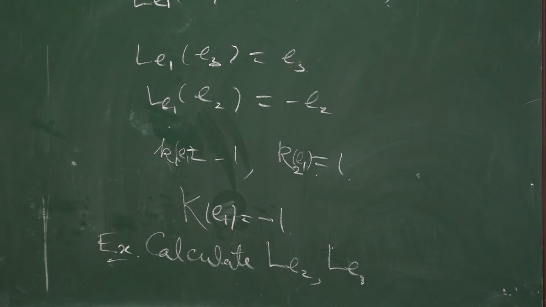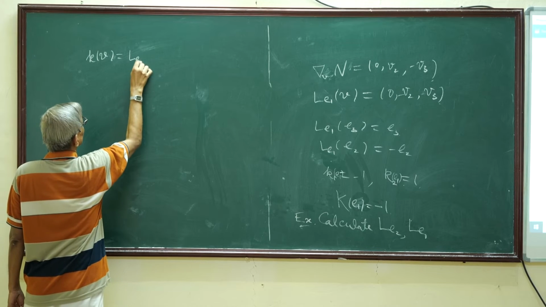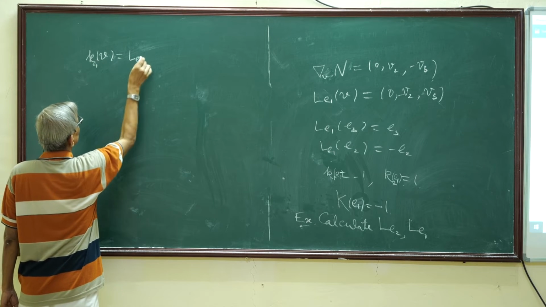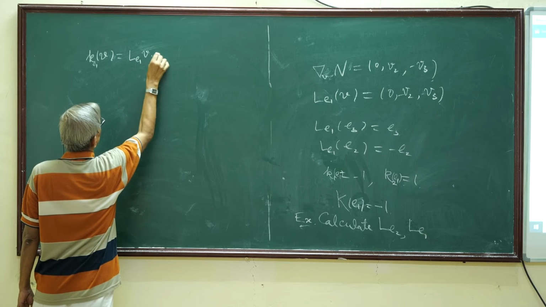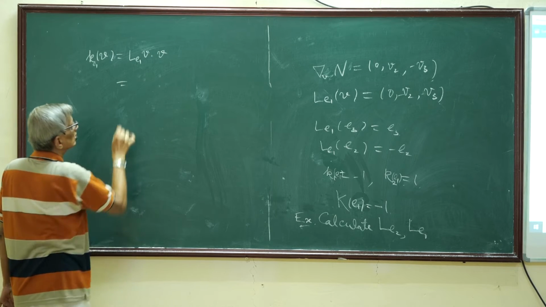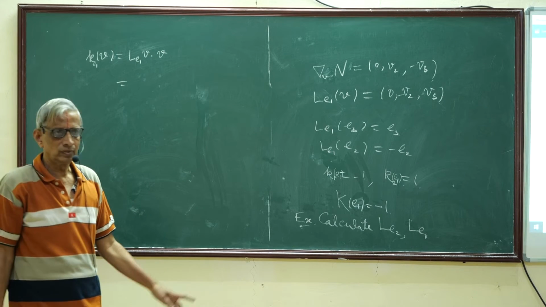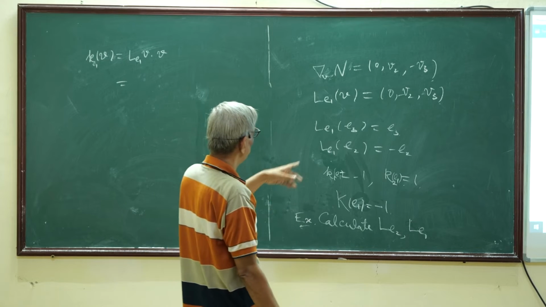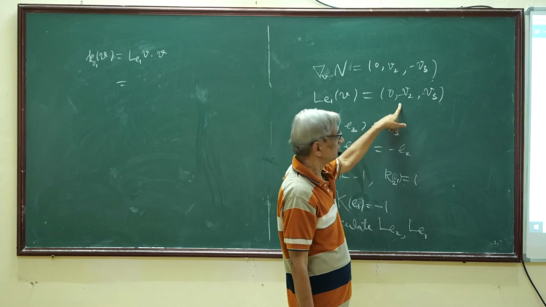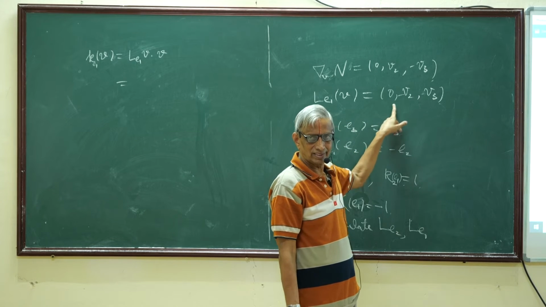What is the normal curvature? That is, what is the quadratic form, this second fundamental form, K(V) at E1. Okay. So V dot this, right?